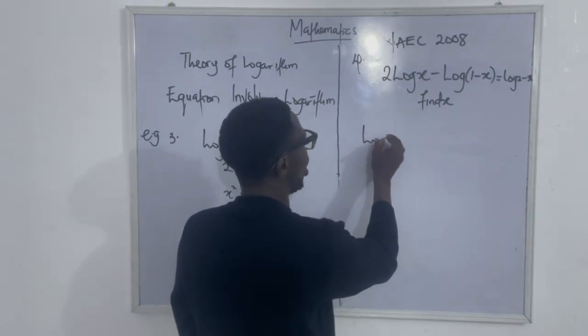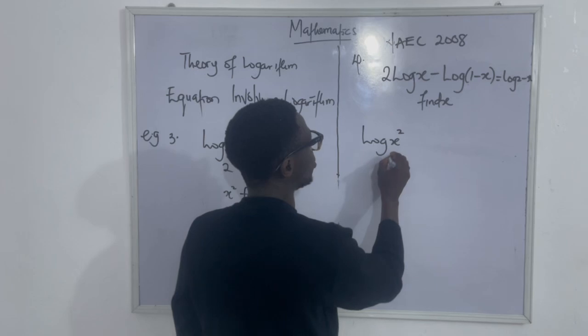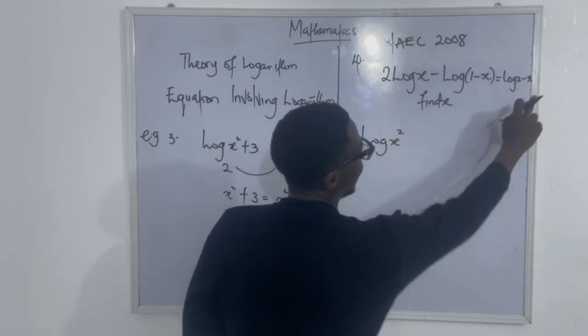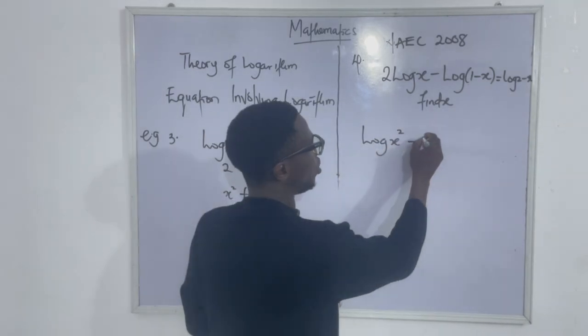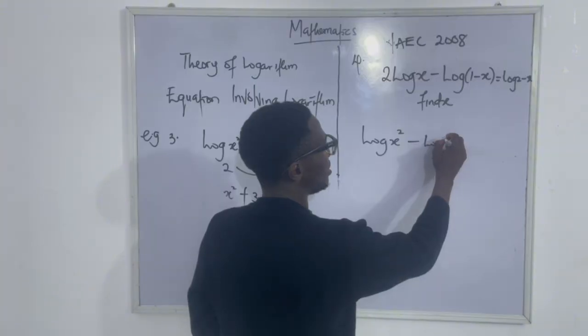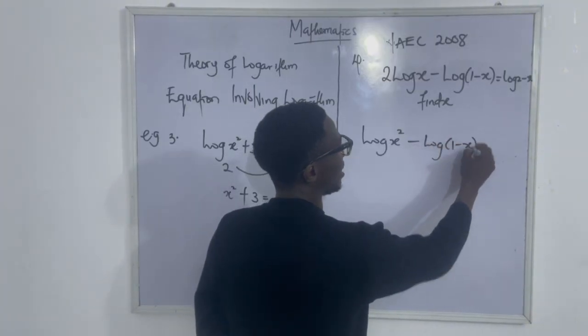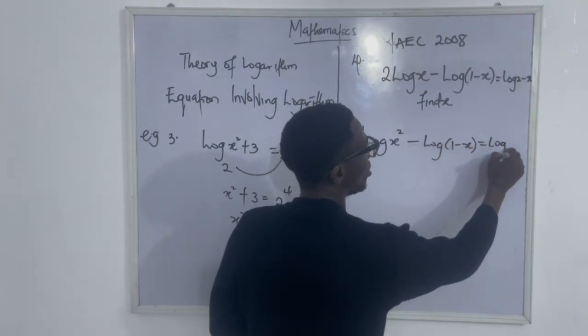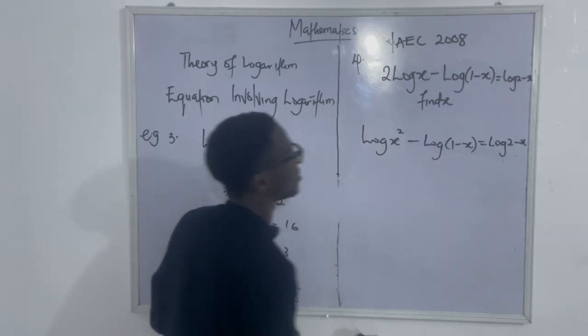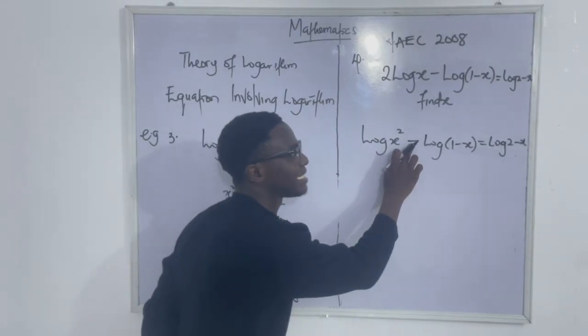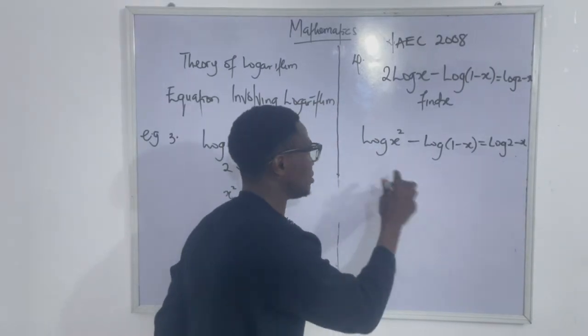So that's log x raised power 2. All are in what? Base 10. So we're not bothered about that. 1 minus x equals to log 2 minus x. Now, negative means what? Division.